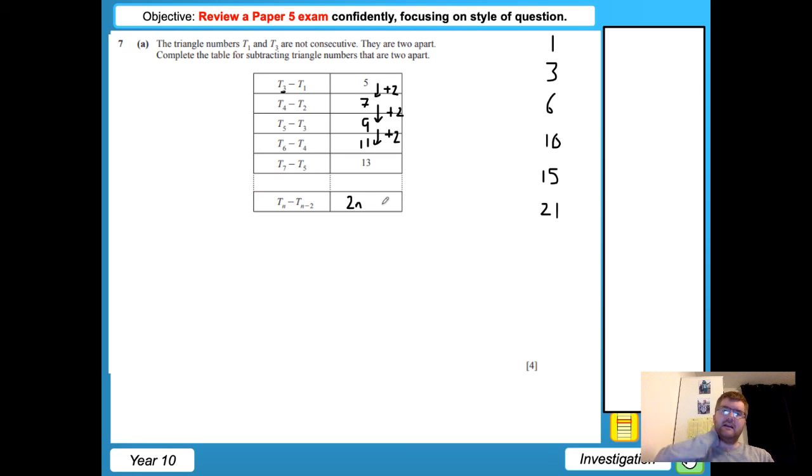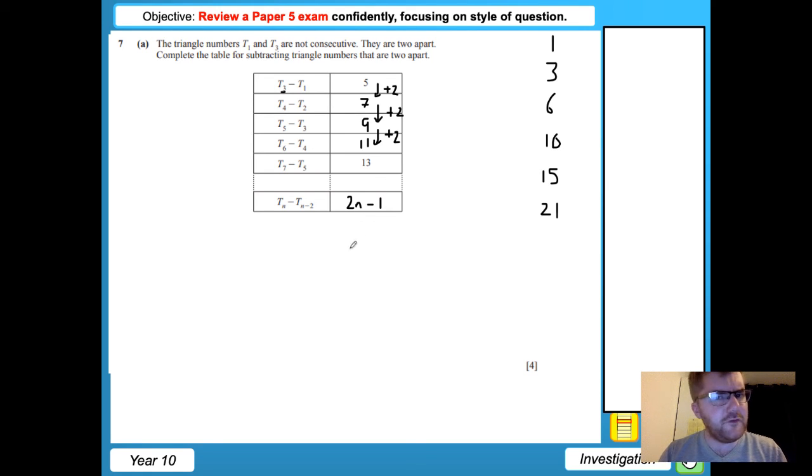Now we have to be a little bit careful, because usually how I teach this in class is, okay, what do you do to 2 to get to 5, which is plus 3. But we're not starting at T1, we're starting at T3. So we need to actually minus 2 lots of 2 away from that, which gives us instead minus 1.